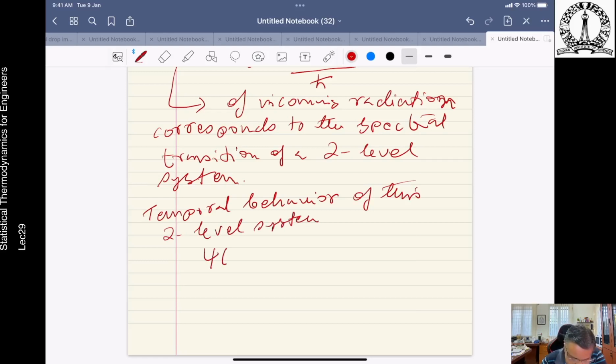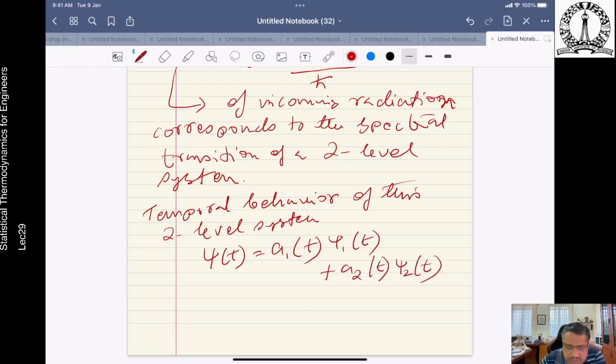We have psi of t equal to a1(t) psi 1(t) plus a2(t) psi 2(t).